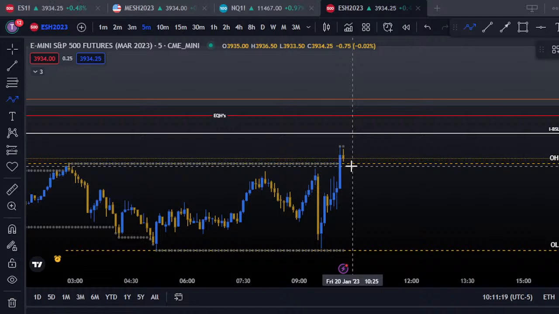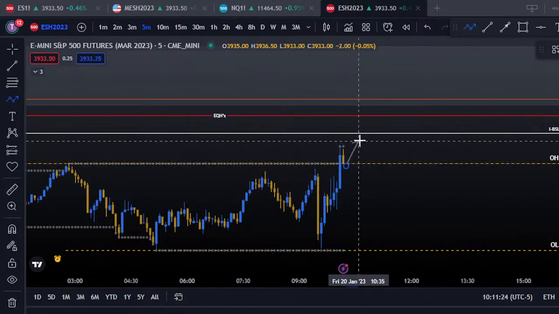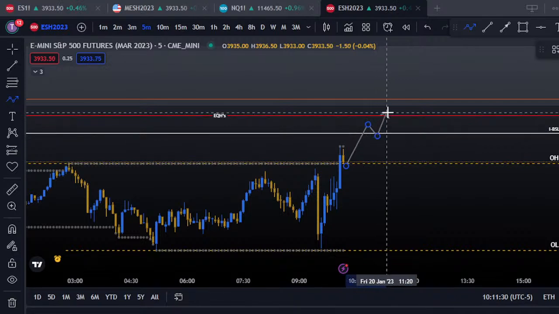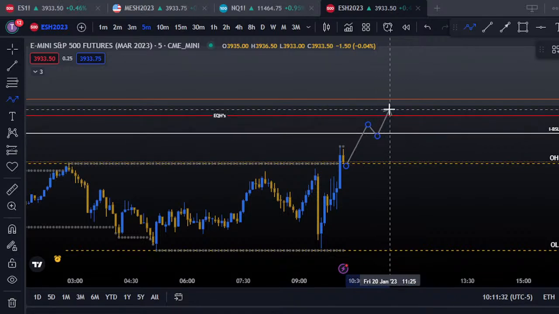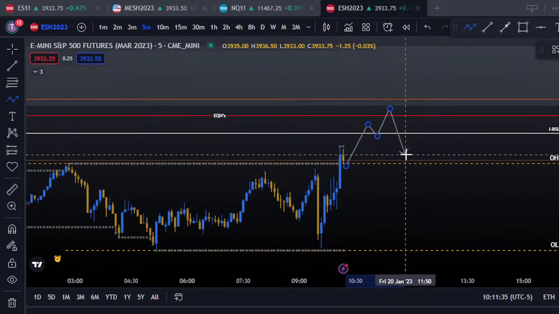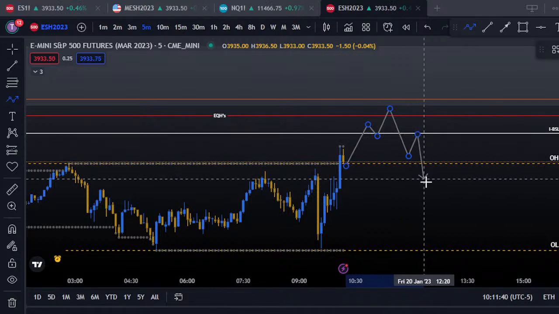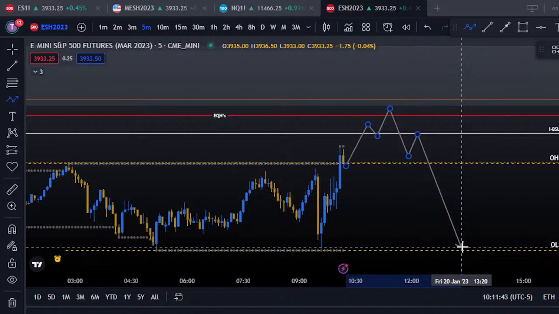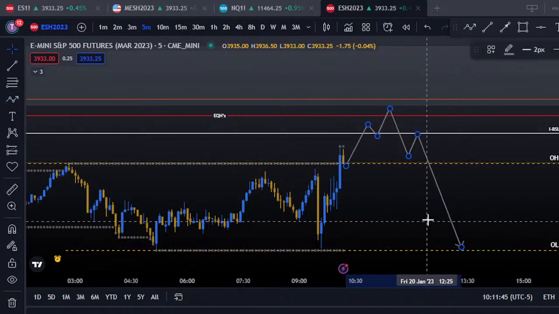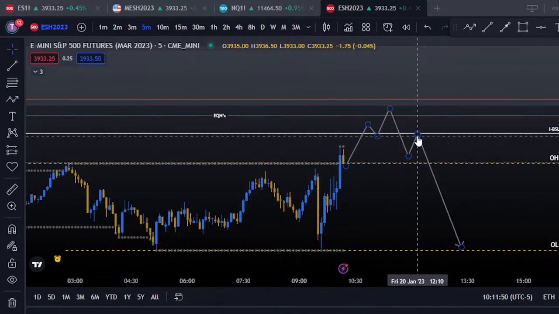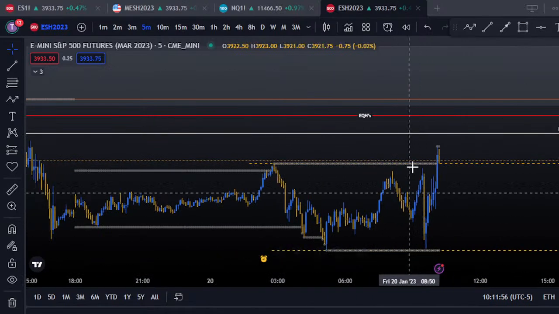Just for me personally, I would need to see it go back up a little more, maybe take that, or this is just an example, and then come back, break that, and then we could talk about coming back down. I know that looks like a lot, but that's what I would need to see for me to even start thinking about getting in the trade, because we're up, took out the overnight high.